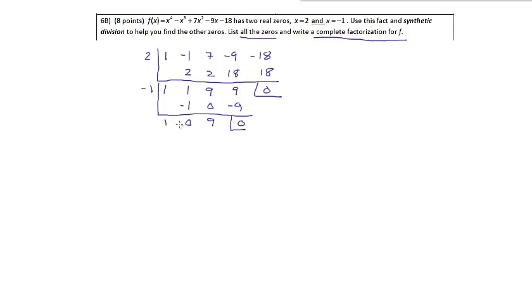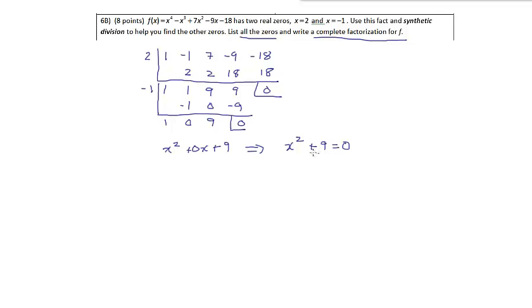Now, this is representing coefficients of a quadratic expression. And it represents x squared plus 0x plus 9. If we're going to find the zeros, we can just write that as x squared plus 9 equals 0.